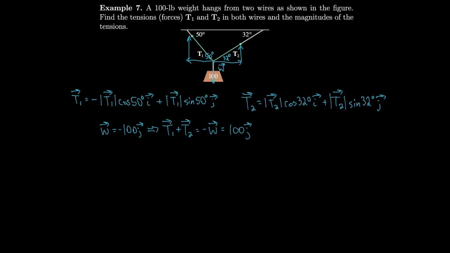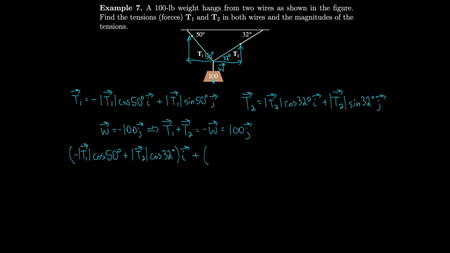Okay, so let's use this to come up with some sum to equal 100j. So I'll replace t1 with what I calculated for t1, and I'll replace t2 with what I calculated for t2 in this formula over here. So we have minus the length of t1 times the cosine of 50 plus the length of t2 times the cosine of 32, because I'm grouping together the i components.